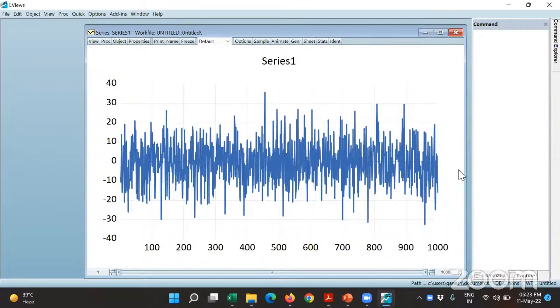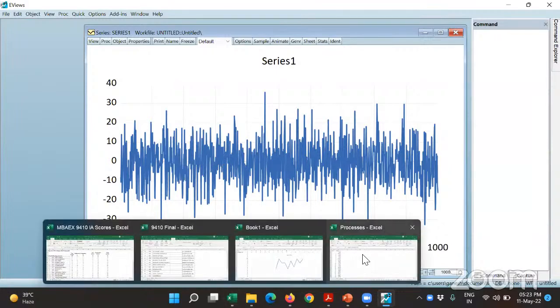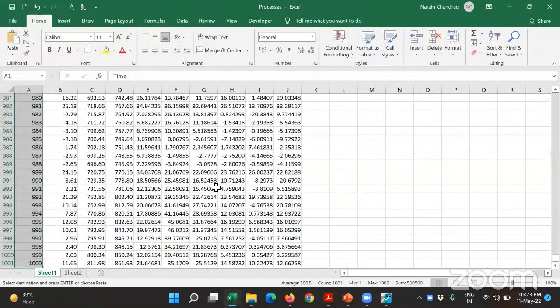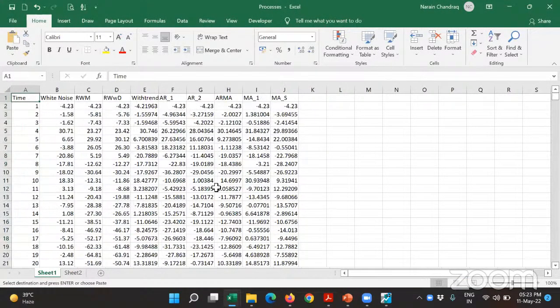So you have plotted the graph itself, and now you can identify at least some of the basic nature of the data set. I've also generated some more simulated data sets at the back, and we can use them for our purpose.